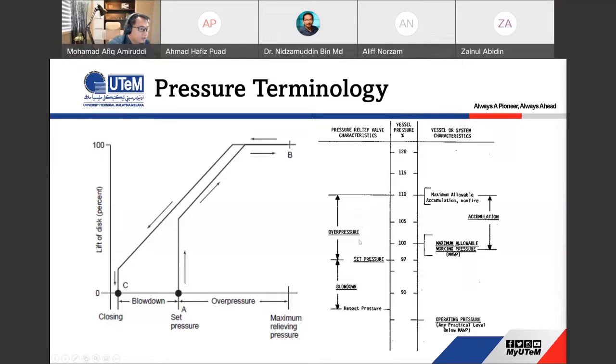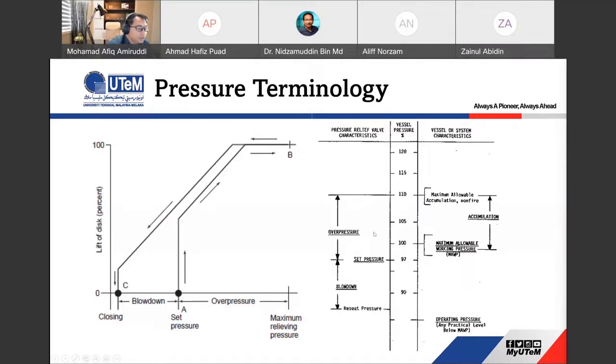If the disc inside the pressure relief valve doesn't lift up to 110, we know that this pressure safety valve has failed. If the disc inside the PRV or PSV doesn't lift during the process until 110, we assume that this PRV or PSV has failed.